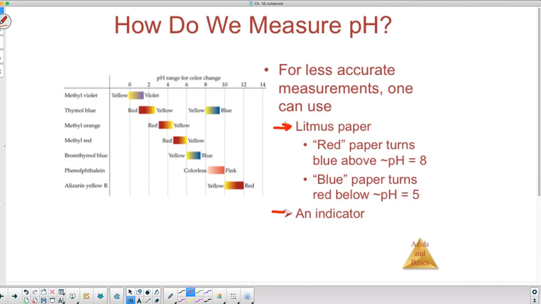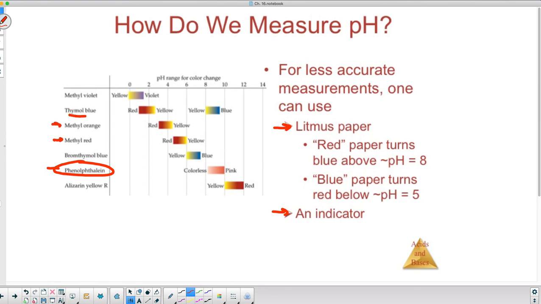We can use other indicators that you see here. Phenolphthalein is probably the most common one. Even if you've never heard that before, when you do chemistry labs, if you do chemistry labs in college, you will see that all the time. The rest of these are for very specific situations.